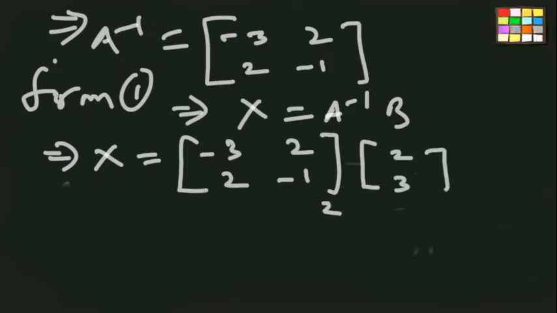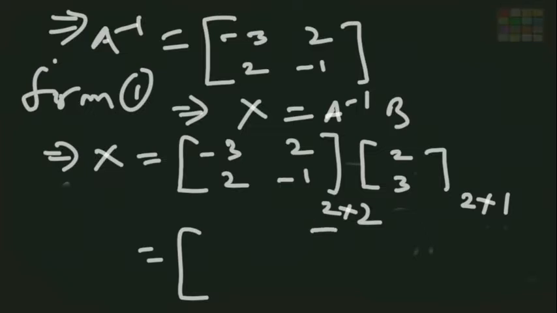Now look at this, this is a 2 cross 2 matrix and this is a 2 cross 1 matrix. So our resultant must be a 2 cross 1 matrix, that means there should be 2 rows and 1 column.